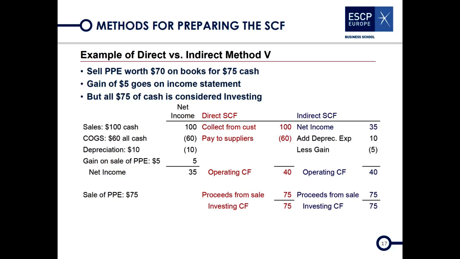So if we prepare the indirect statement of cash flows, in addition to adding back depreciation, we need to subtract the gain, because we want to eliminate it from the operating cash flow activities. And we arrive at an operating cash flow of 40. And then we show the entire proceeds, the 75 that we've collected on the sale, as part of our investing activities. So we see it in the next section of the statement of cash flows.